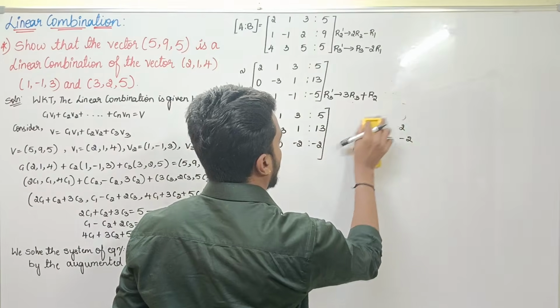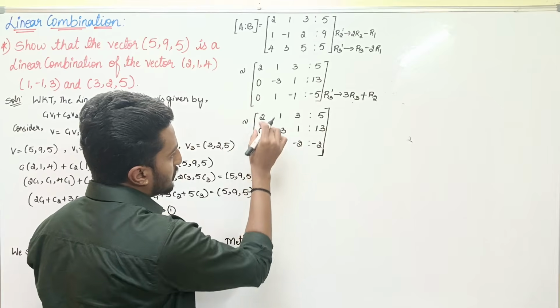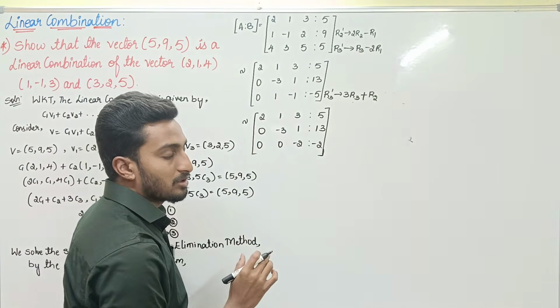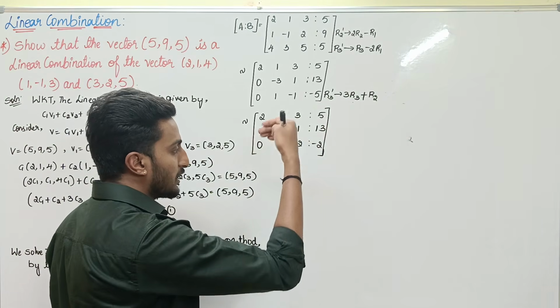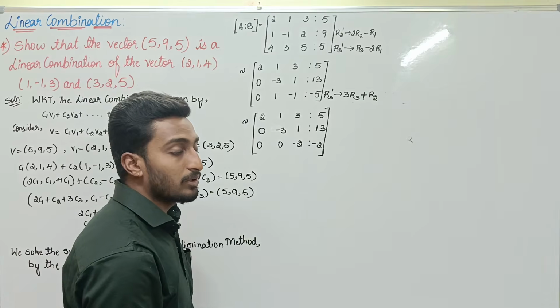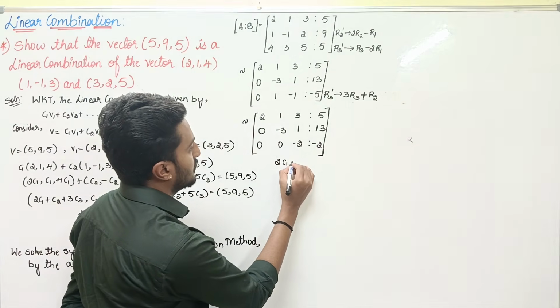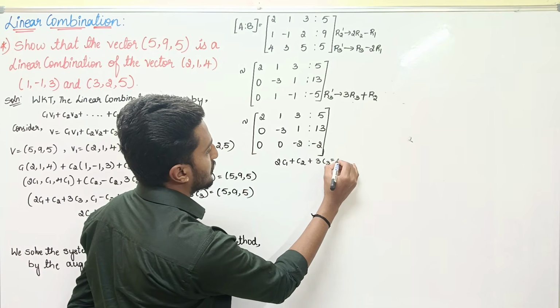Now, after reducing by the Gauss elimination method, below the diagonal every element should be 0. That is the upper triangular matrix. We have found the upper triangular matrix. After the reduction, we represent this matrix in linear equation form. That is 2C1 plus C2 plus 3C3 equal to 5.